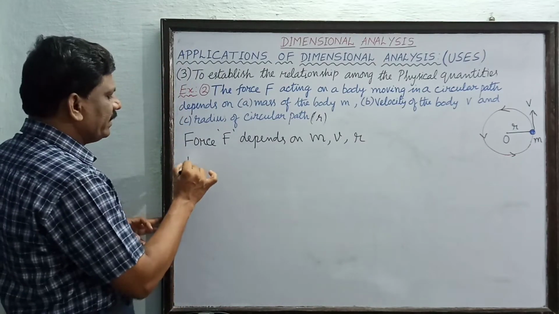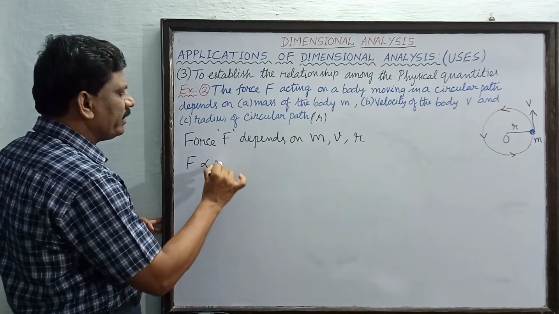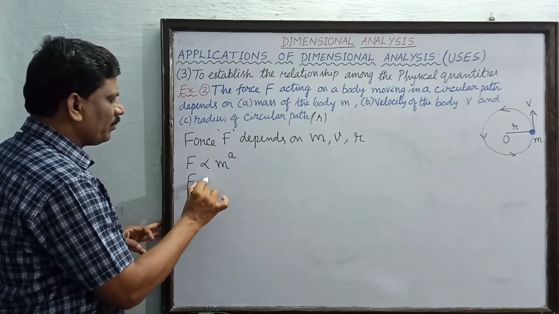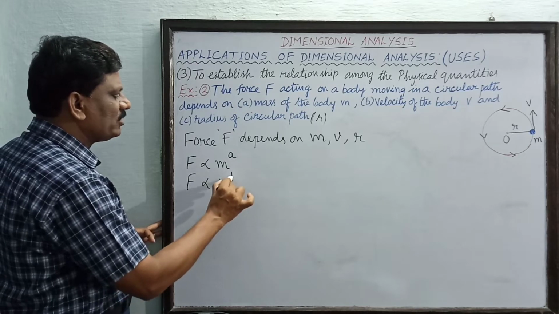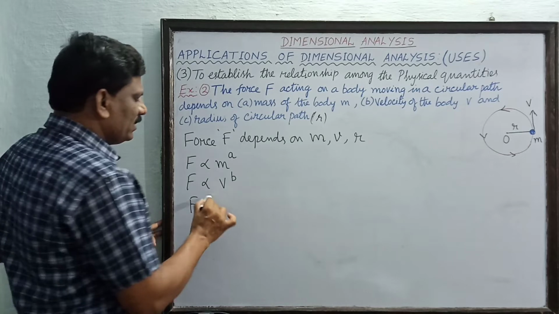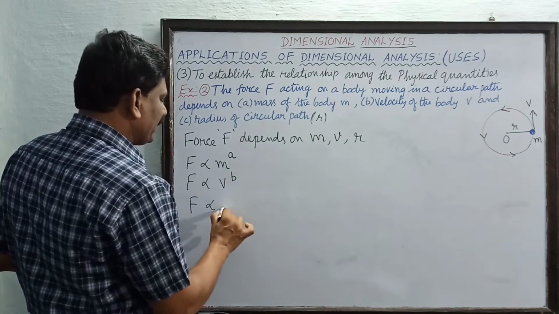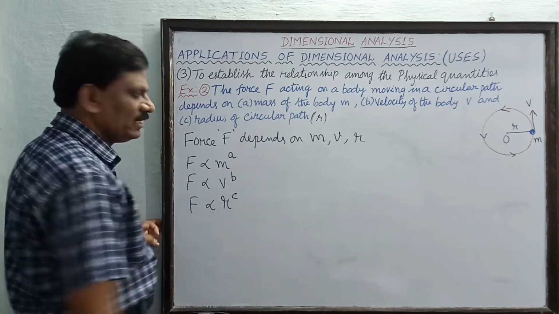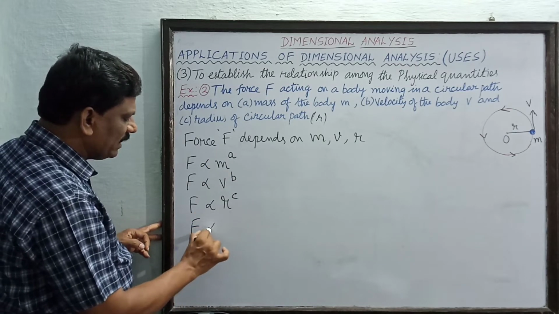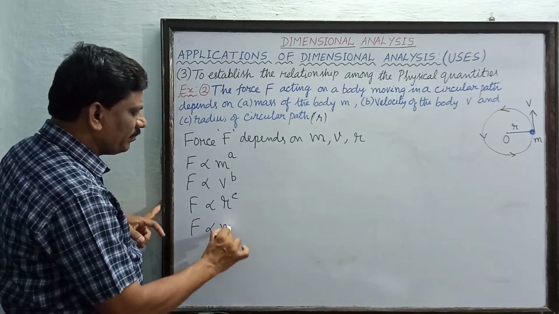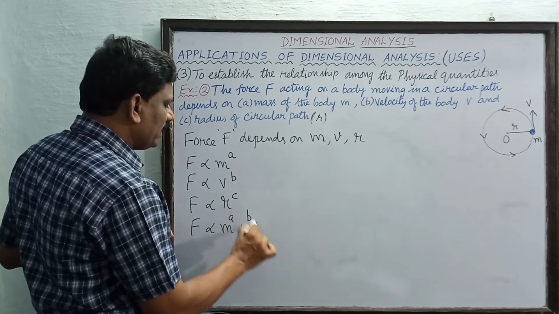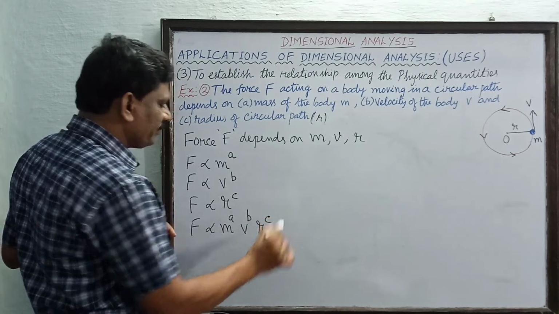So I will take F is proportional to m raised to the power a, and F is proportional to the velocity v raised to the power b, and F depends on the third factor, namely r raised to the power c. Combining all three, force is proportional to m^a v^b r^c.